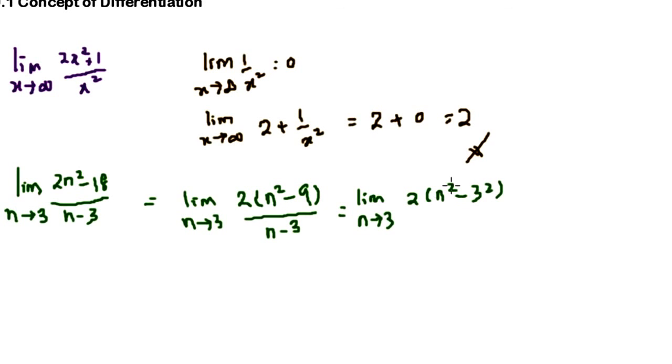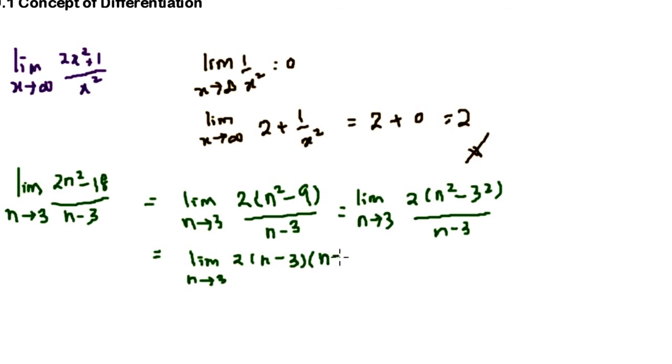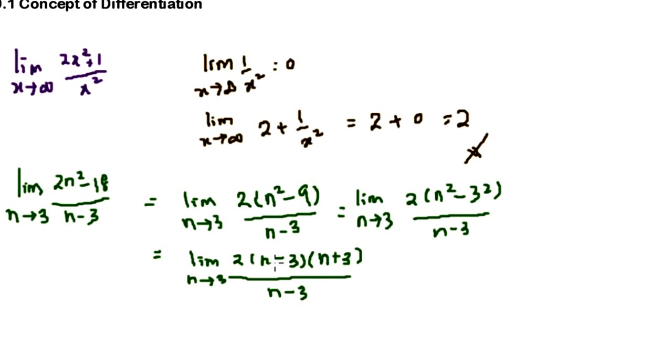You can then rewrite it again as n minus 3 times n plus 3. So always remember that when you have such an expression, n to the power of 2 minus 3 to the power of 2, it will give us n minus 3 times n plus 3. You can try to prove that when you multiply both of these, you will get n to the power of 2 minus 3 to the power of 2.